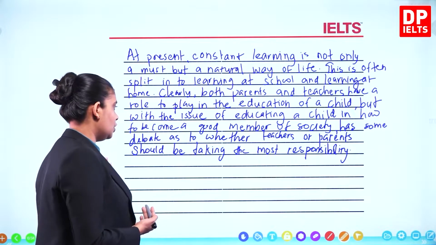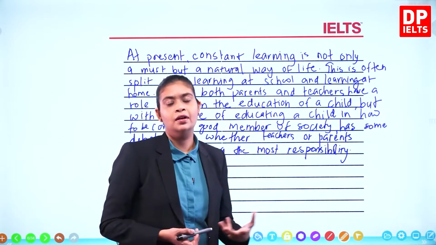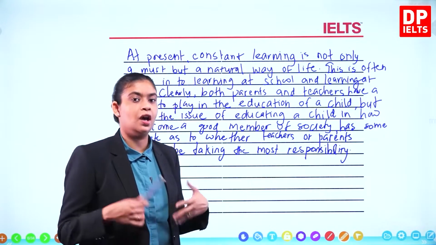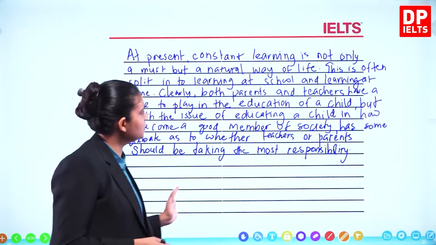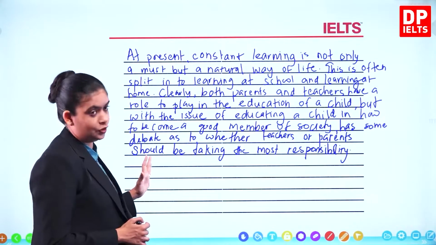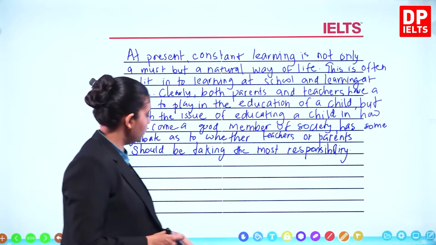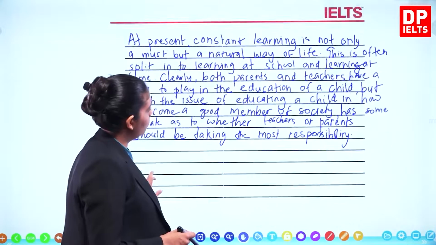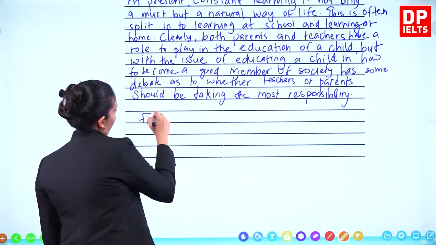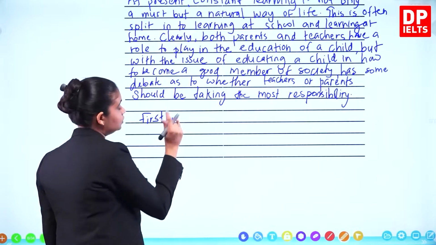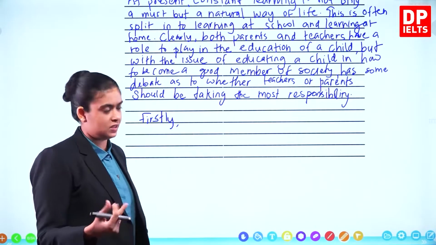Is it the teacher or are the parents at home more responsible? So that's what I have written in the intro. Then we start writing our body paragraphs. So let's write. Firstly, now I'm going to talk about the school aspect first.